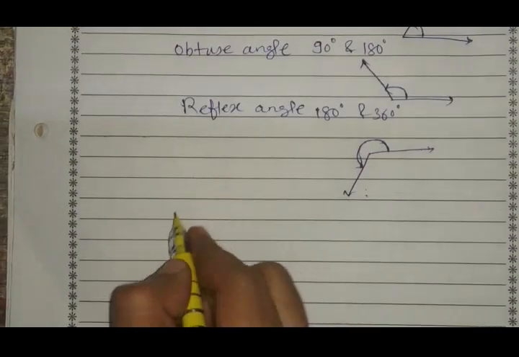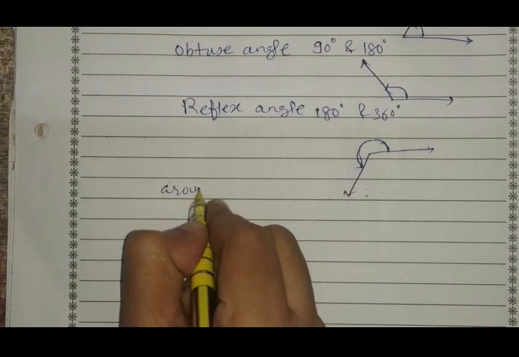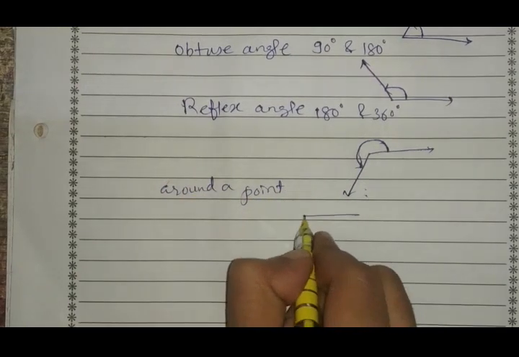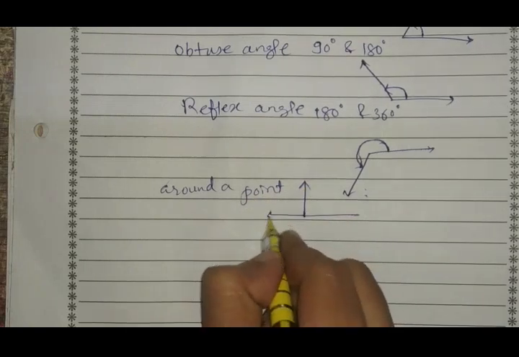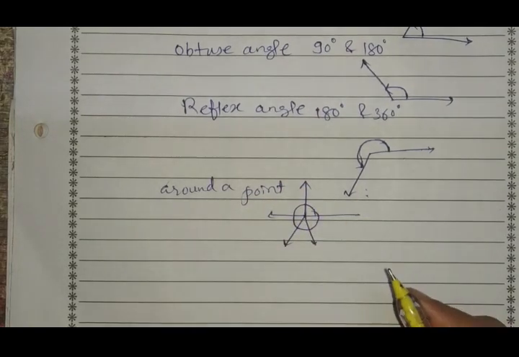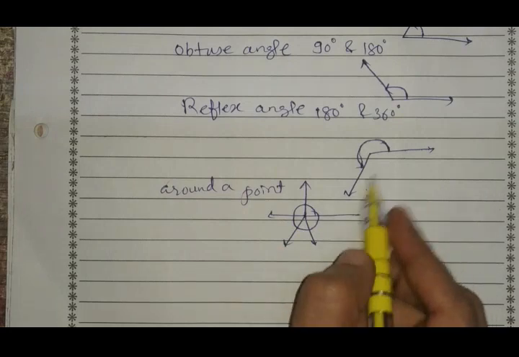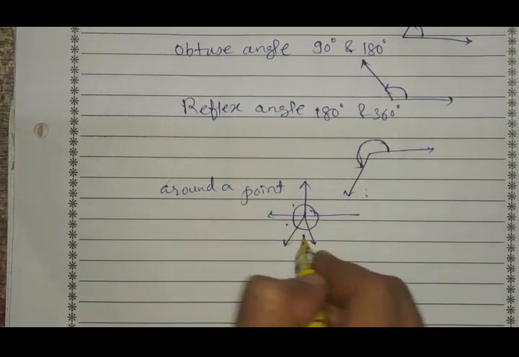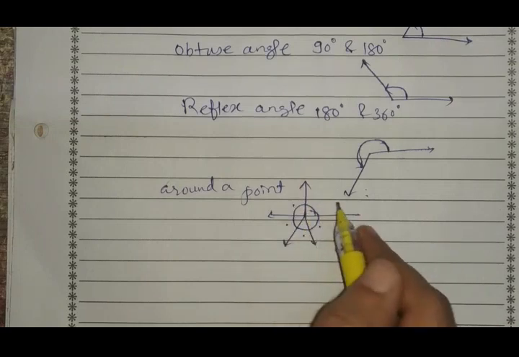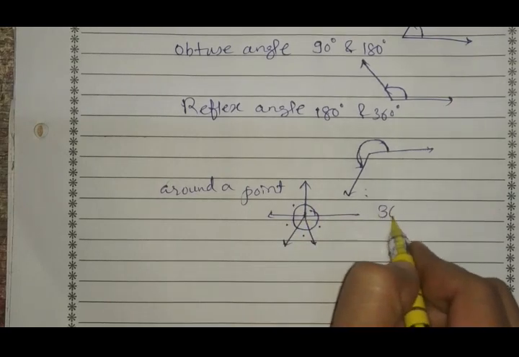And when you have angles around a point, the complete angle is 360 degree. These angles X, Y, Z, W, P formed here, the sum of these angles will be 360 degree.